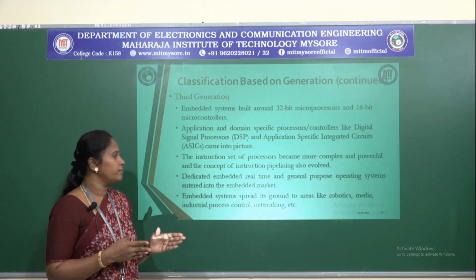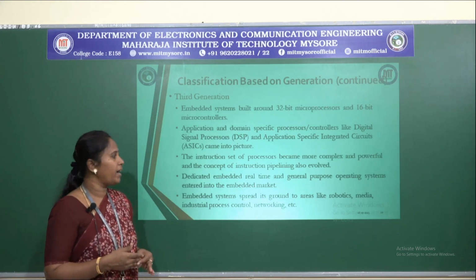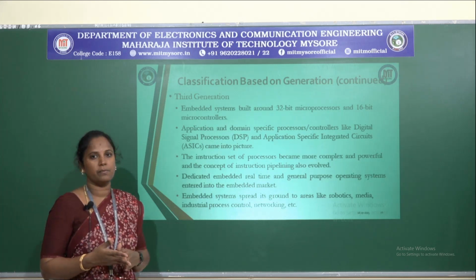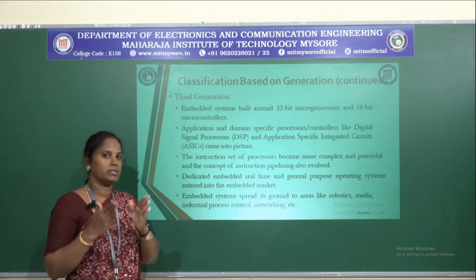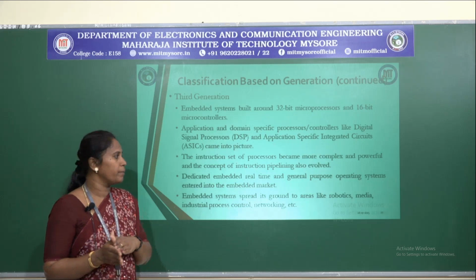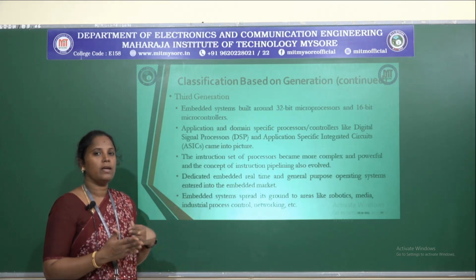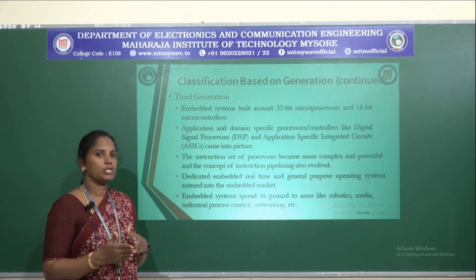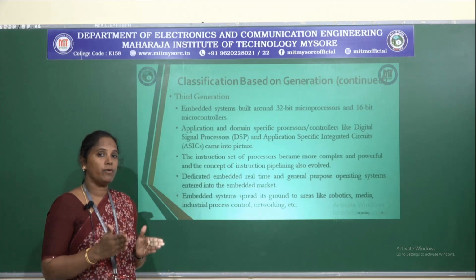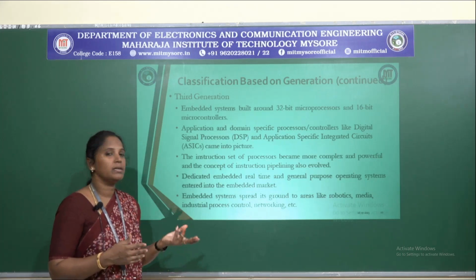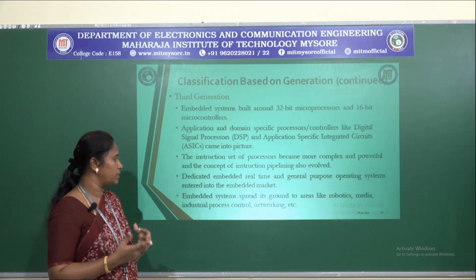And here we have dedicated real time and general purpose operating systems. So in the previous generation we had just introduced the operating system, but here in the third generation we have some deadlines to be met which have to be performed in real time, and a general purpose OS was also developed.